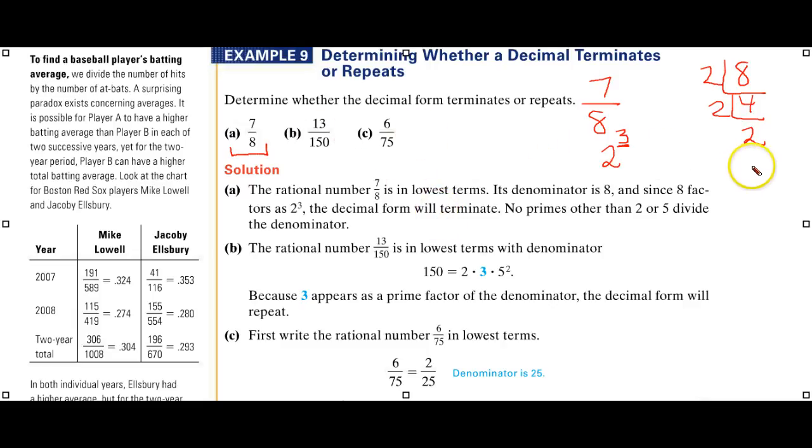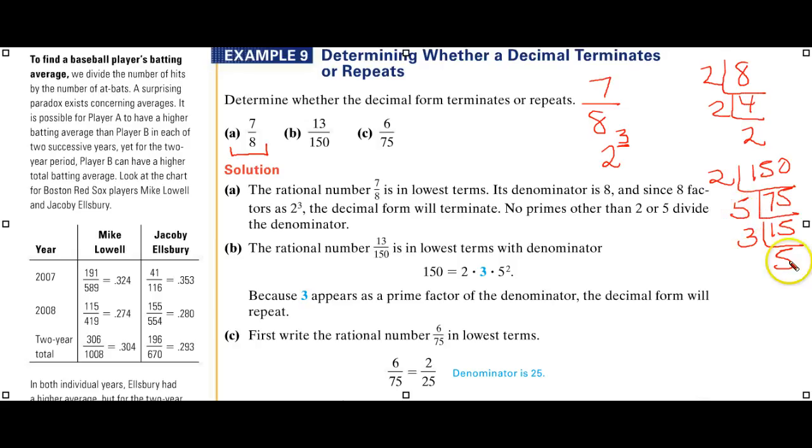Now as we do 150, we can take a 2 out of there, 75, we can take a 5 out of there, and that is 15. We can take a 3 out of there, and that is a 5.